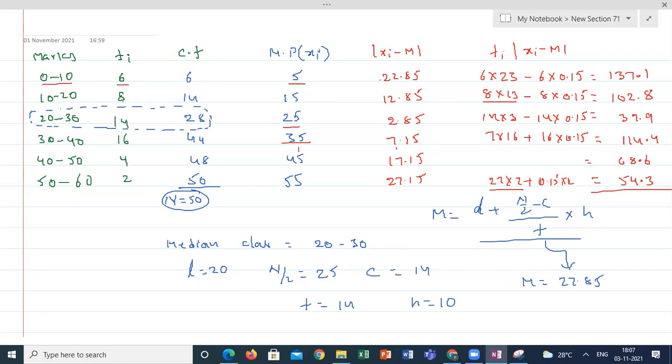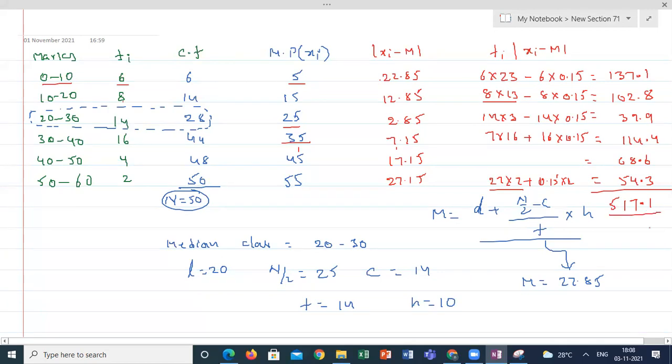What is the answer? The summation, how much are you getting? Once you get the summation, dividing by 50 will give the mean deviation.